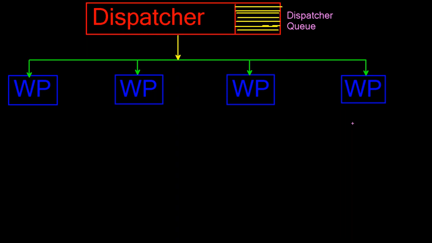It totally depends on the RAM size. The work processes are decided by the system. After installation only we can see how many work processes are created. For example, if you are using 4 GB RAM, maybe 12 or 16 work processes. I'm not talking about the types of work process.